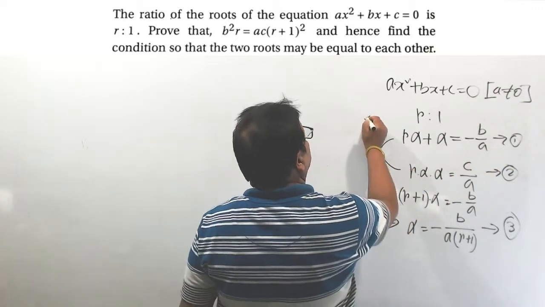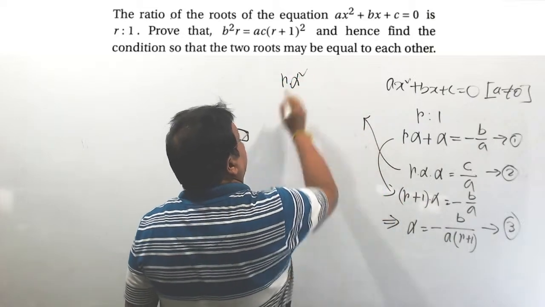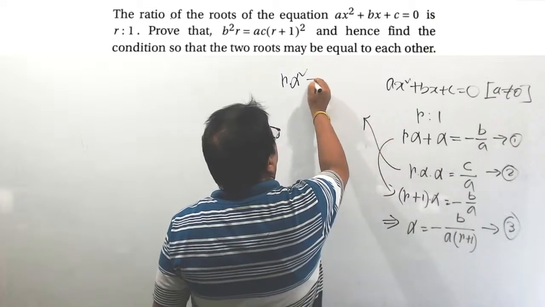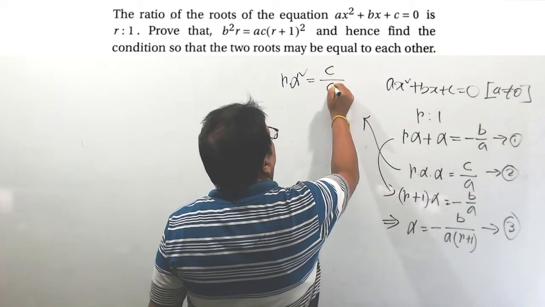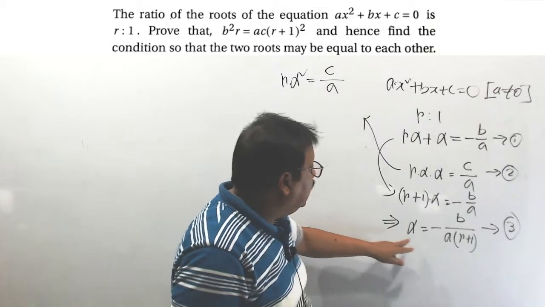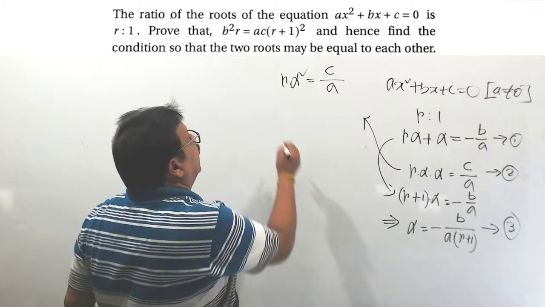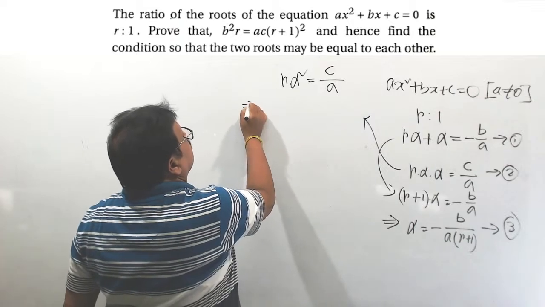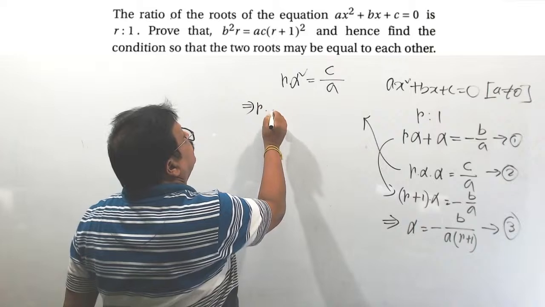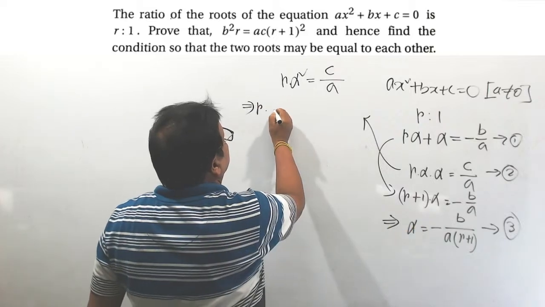এটা থেকে আমরা কি পাই দেখো, r into alpha square product is equal to what? c by a. বুঝতে পেরেছো? c by a, r into alpha square. তাহলে আলফার ভ্যালুটা এখানে বসিয়ে দাও, put the values of alpha. This implies r into alpha, that is from 3. Alpha is equal to what?